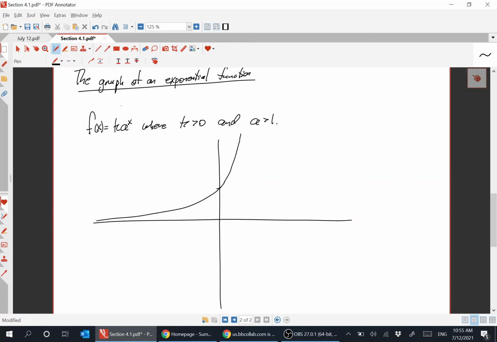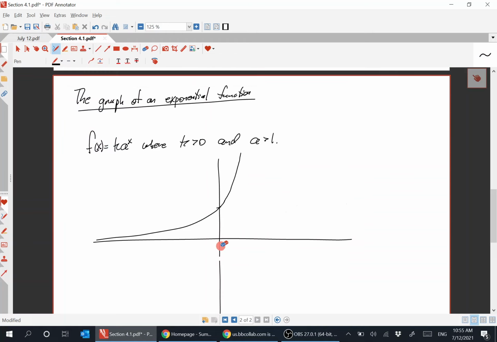So this is the graph of an exponential function for a bigger than 1. So k a to the x. This is k right here. So y equals k a to the x for a bigger than 1.